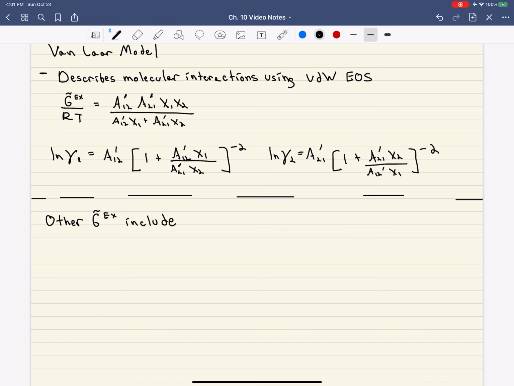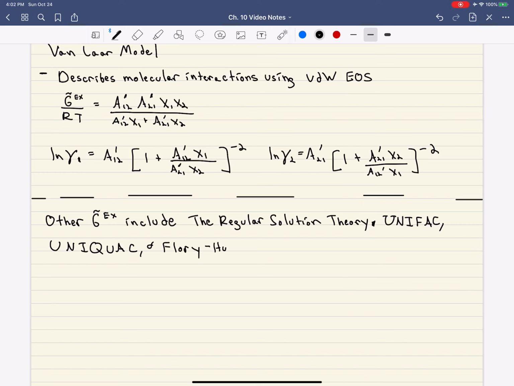There's an almost infinite amount out there, but some other common ones that you'll encounter, not only in thermo, but in your separations class, include the regular solution theory, and then there are more sophisticated, more modern ones, like UNIFAC, UNIQUAC, and for polymer systems, the most famous of these excess Gibbs energy equations is Flory-Huggins theory.